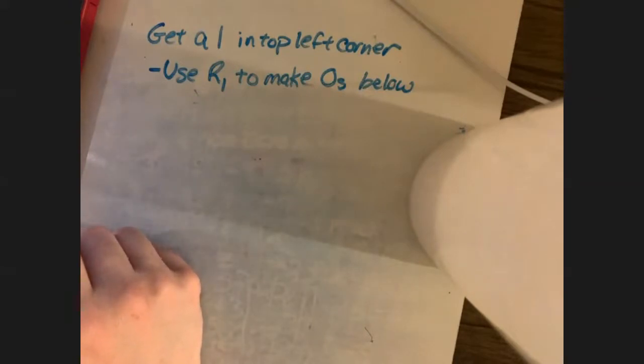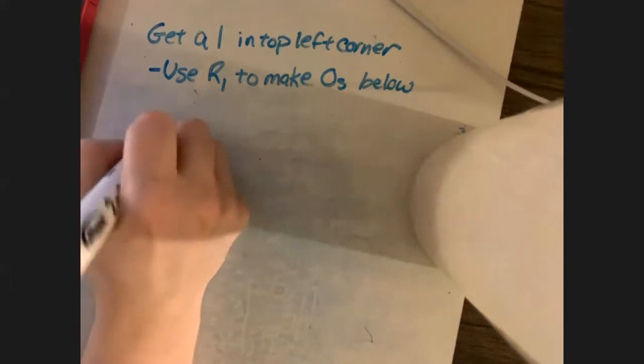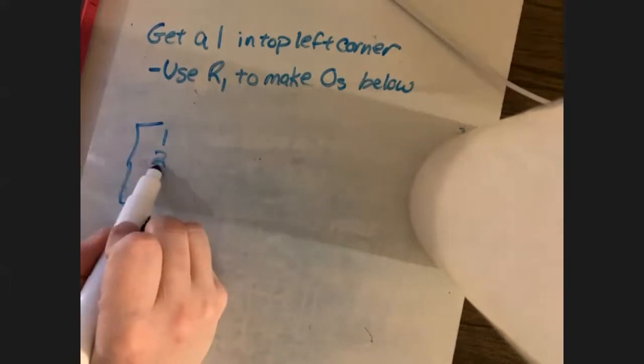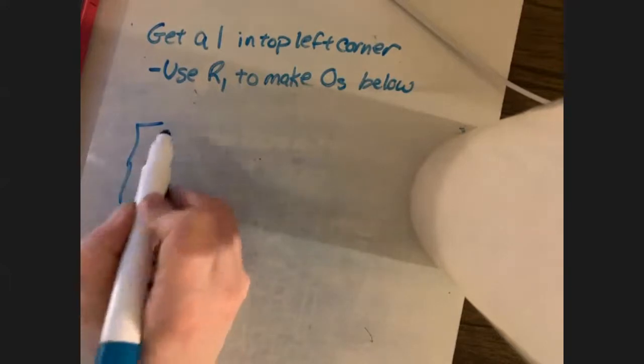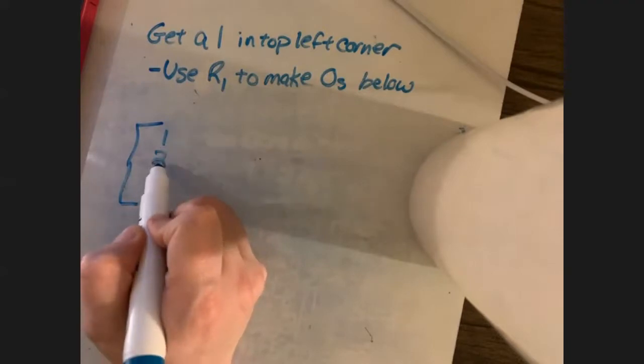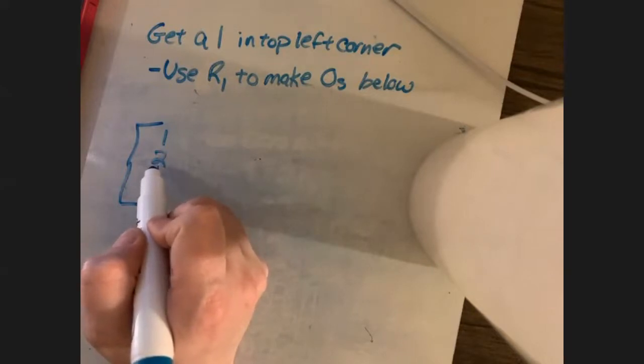Okay? Since you've got that 1 in that top corner, what I need to do is make the number that's right underneath it zero. So if I've got something like 1 and then a 2 below it, okay? I need to do row 1 times something plus this, okay? So I need to get rid of this 2.